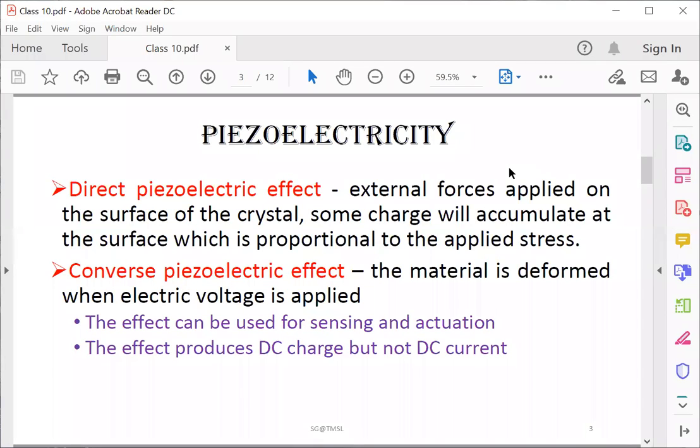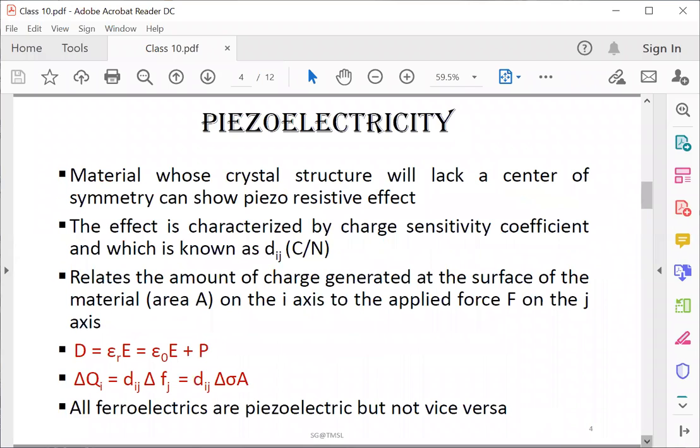Okay, so a material whose crystal structure lacks a center of symmetry can show the piezoelectric effect.